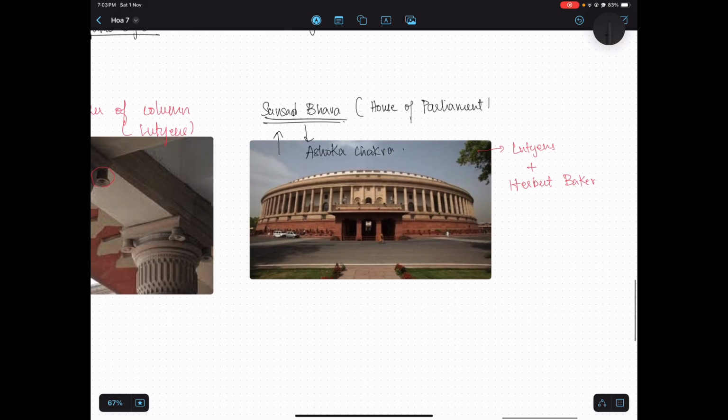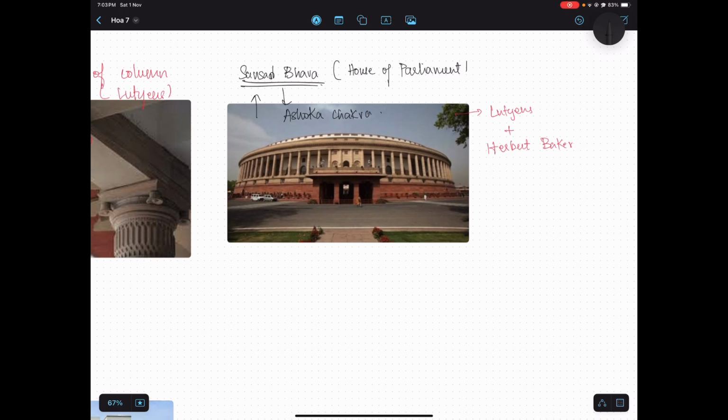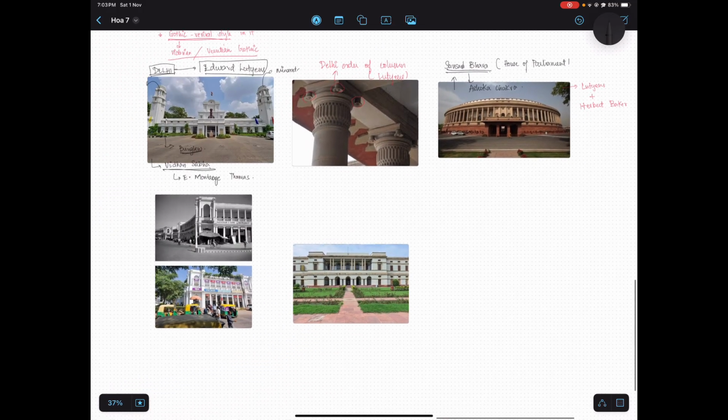And the railings are said to be a replica of the stupa of Sanchi. So that is about Sansad Bhavan. Then we can move on to Connaught Place.